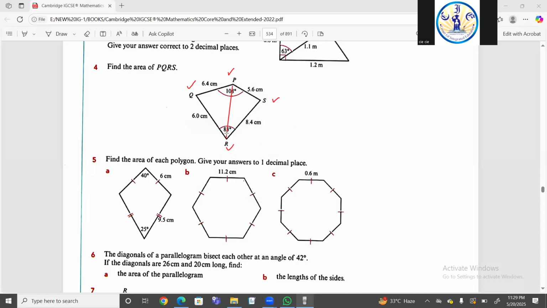The method could be to bisect these two angles. So the angle, this one, 108, this is 54, this is also 54 degrees.